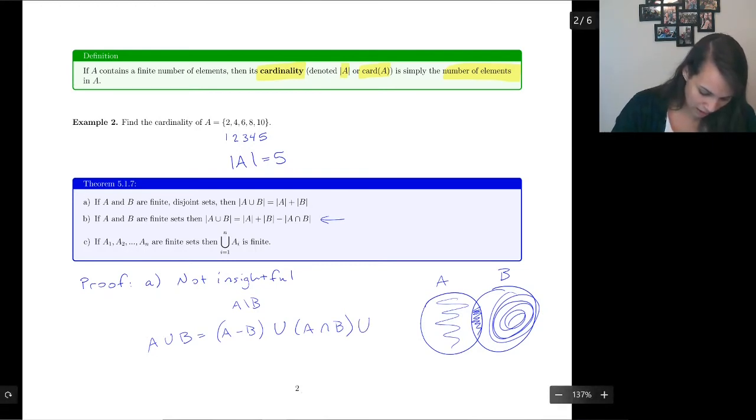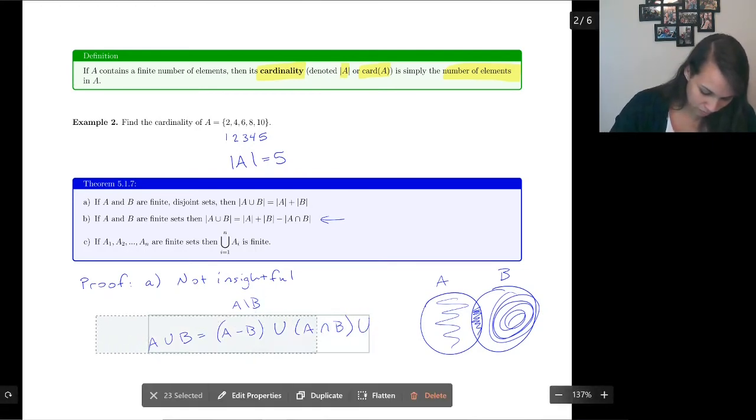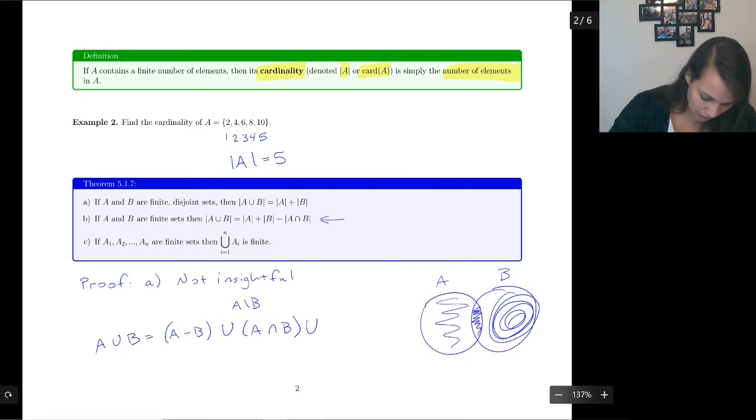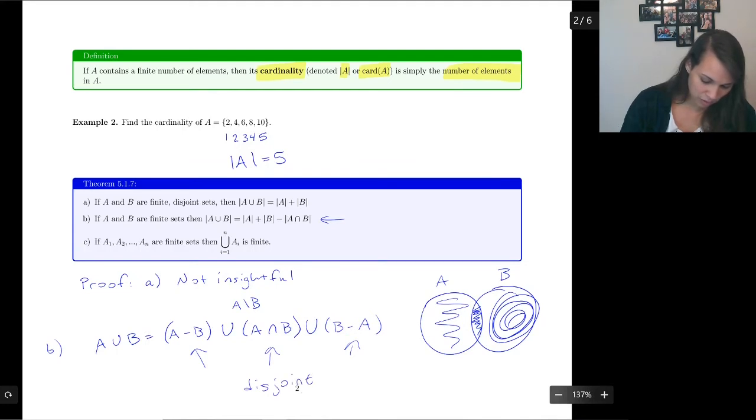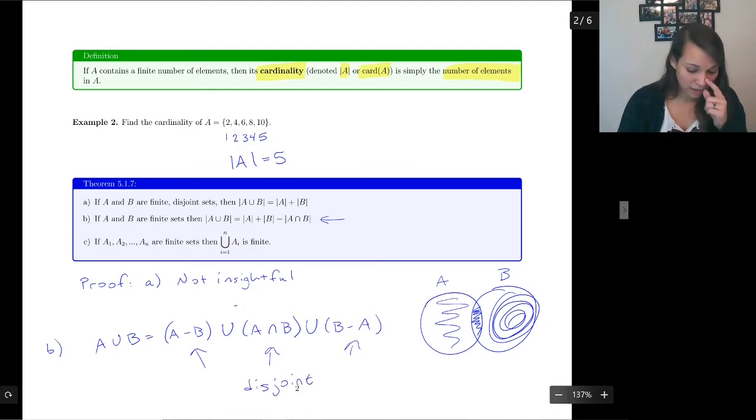So that would be union B minus A. So these guys here are disjoint, which means we are now free to make use of the first part of our theorem.